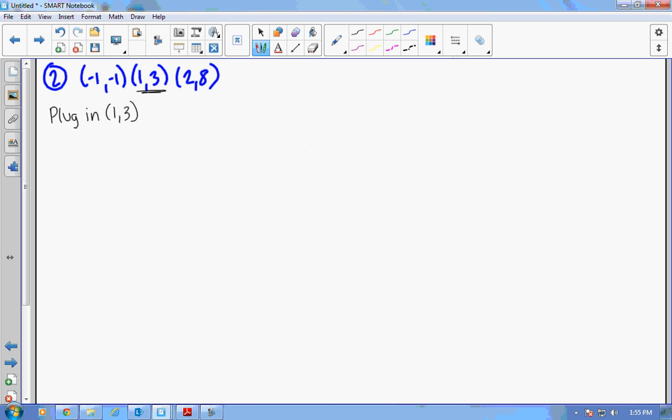Yeah, eventually we're going to have to do all of them. Exactly right. Plug in (1, 3). Remember standard form: y equals ax squared plus bx plus c. So go ahead and plug in (1, 3). And then we solve it for c.